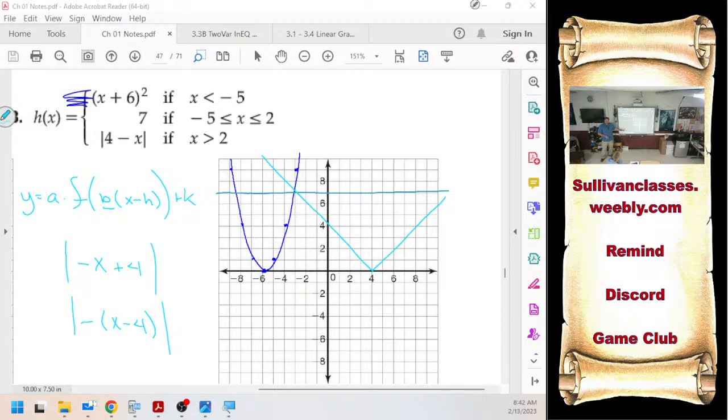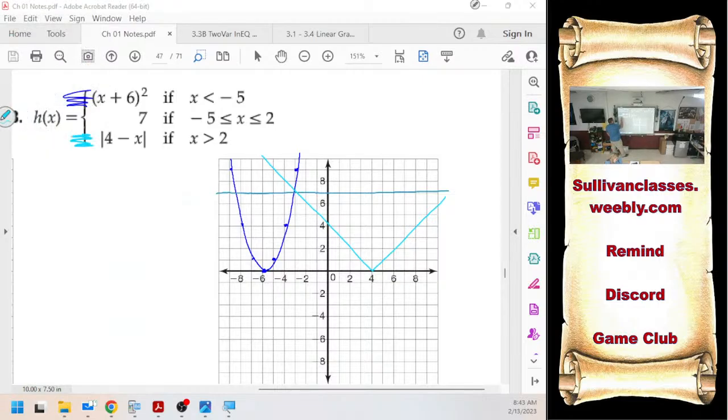What's a negative in the B spot do? A horizontal reflection. What's a horizontal reflection of an absolute value look like? Exact same thing. So it doesn't affect the graph, okay? But sneaky, sneaky.